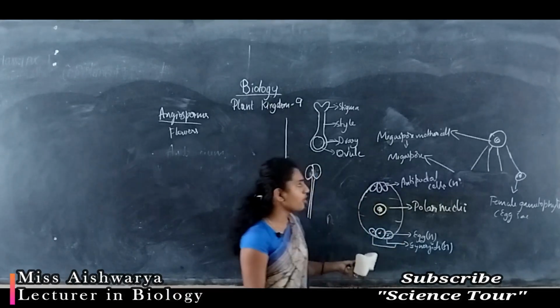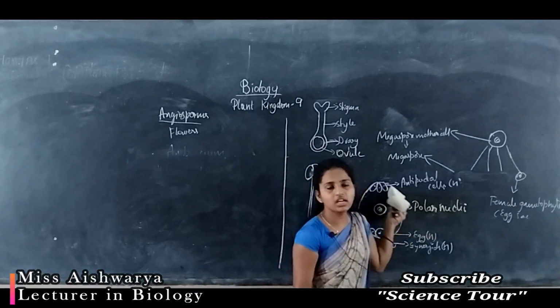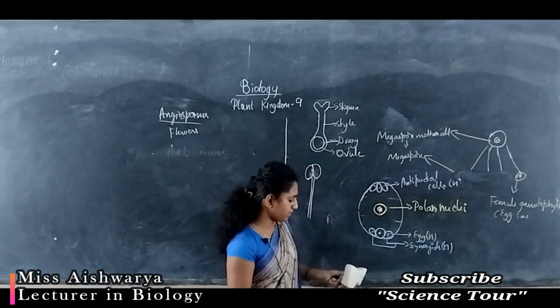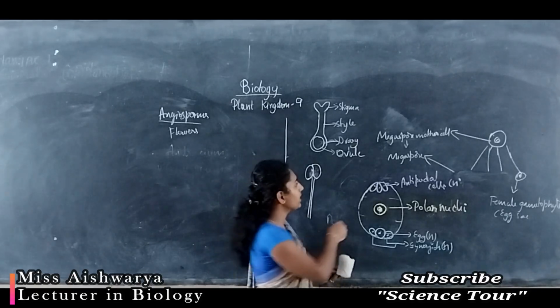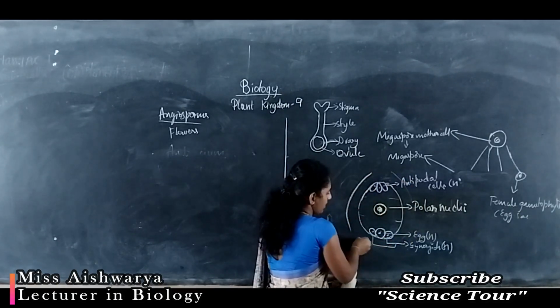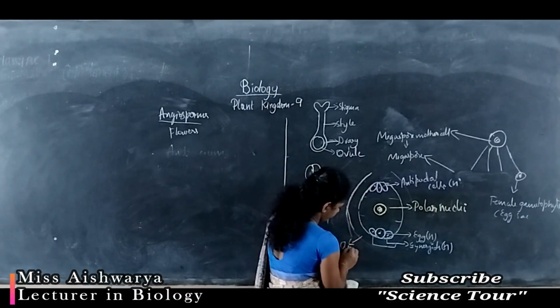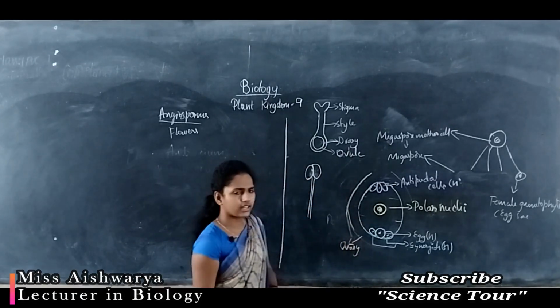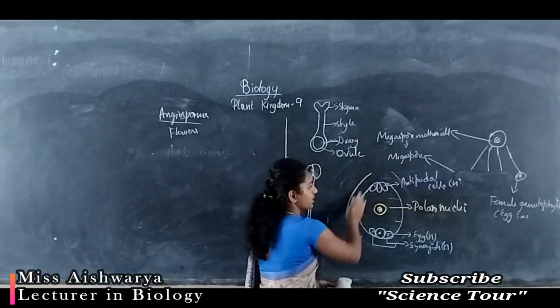This is the structure of the embryo sac, or female gametophyte. This is a complete structure of the female gametophyte. Outerly it may be covered with a thick fleshy part, the ovary.